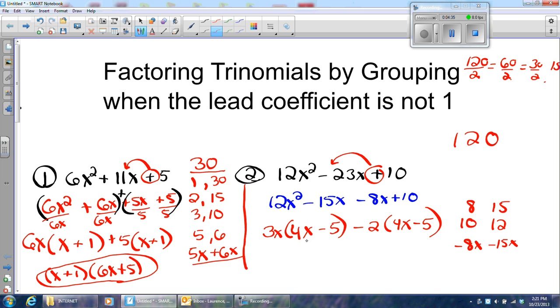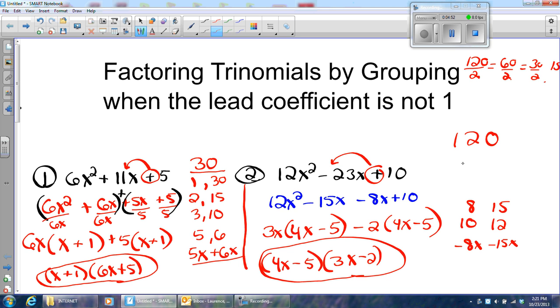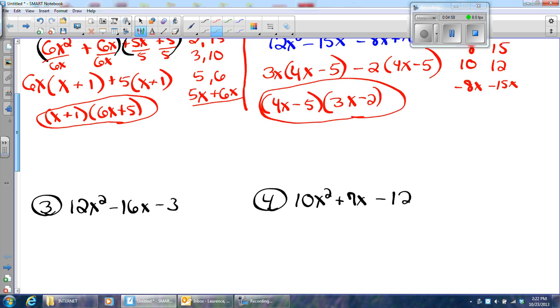All right, 4x minus 5 as a quantity shows up as a factor in both parts of the problem. So it's common. I will pull it out, leaving me with a 3x minus 2. And look at how simple that is. Now, if I wanted to, I could have listed all the factors of 120, but I don't need to.